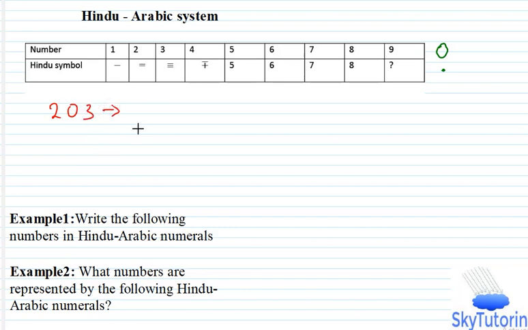How will we represent it in the Hindu-Arabic system? 203 will be represented by the double dash, then the dot, and then the triple dash. As simple as that. How about 9,876 in the Hindu-Arabic system? So we have 9, then 8, then 7, and 6.